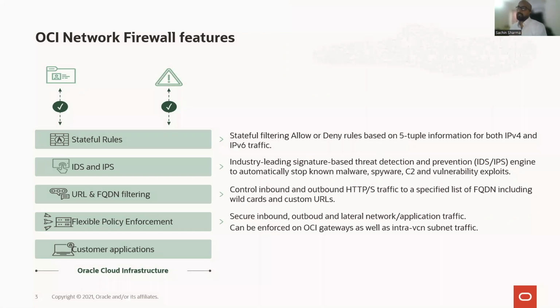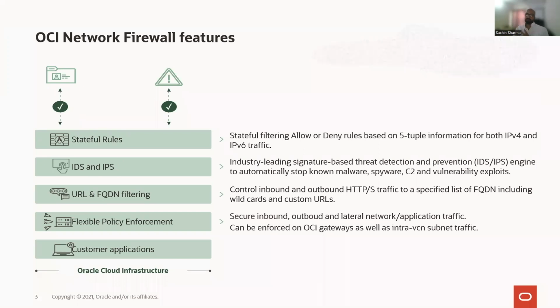What are the features which our OCI network firewall has? You can create your own stateful rules for the traffic which is hitting the network firewall for your applications on OCI, and you can provide IDS and IPS for them.